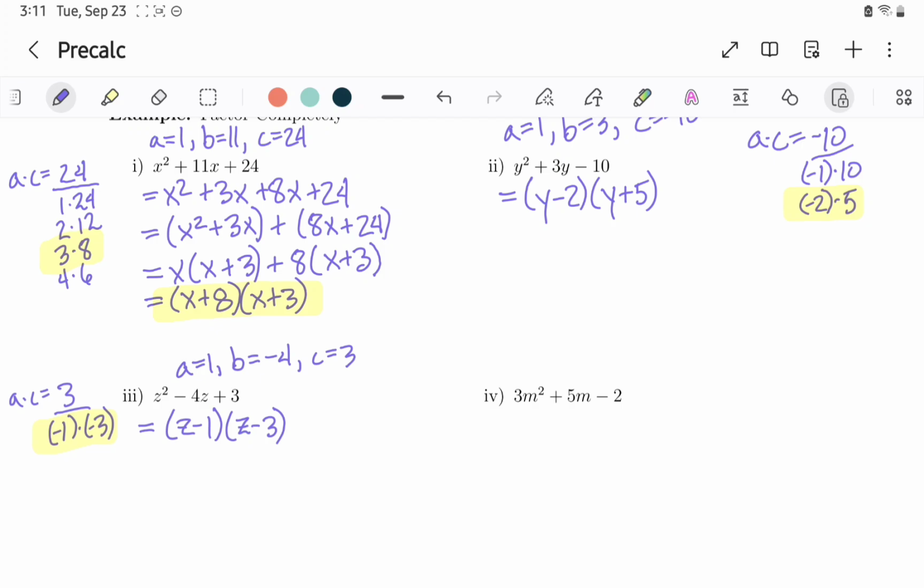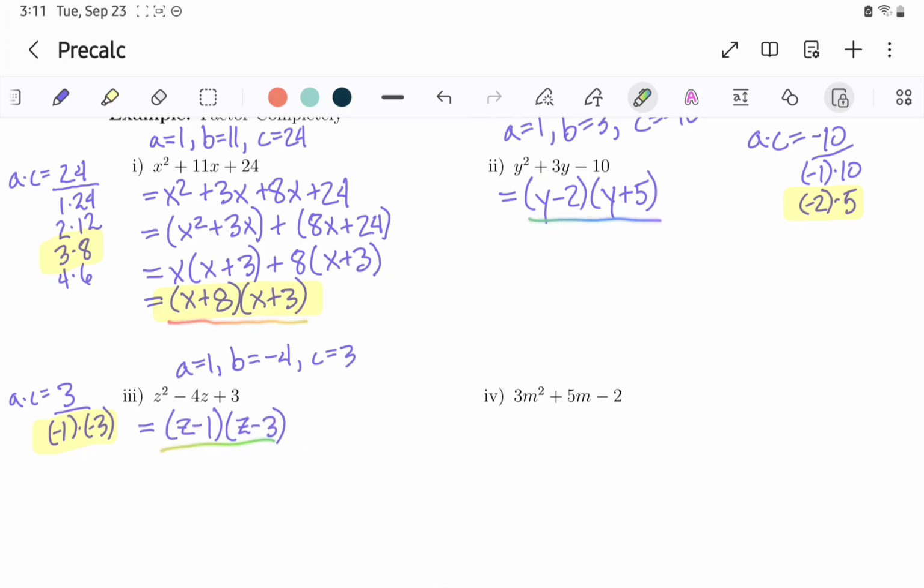And not that it comes up in any of these examples, but if you are trying to use the AC method, and you're not sure if it'll work for a given quadratic expression, because like I said, it doesn't work for all quadratic expressions, only when the quadratic expression is factorable over the integers, like ours have been.